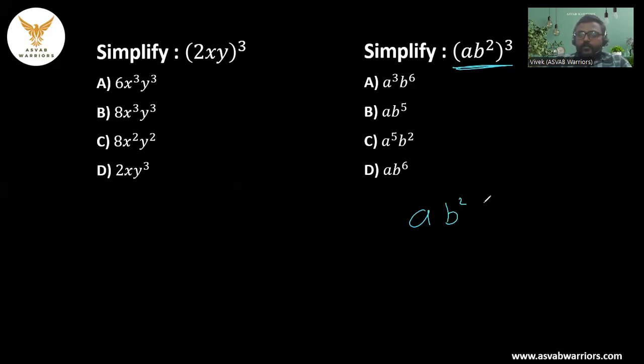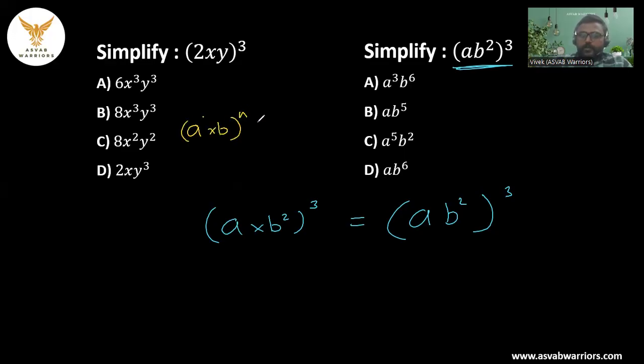A times b squared, to the power 3. It also means a times (b squared) cube. Now I am going to use this identity: (a times b) to the power n is equal to a to the power n times b to the power n. Simply, a cube times (b squared) cube.